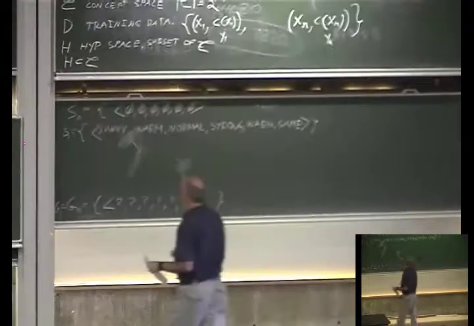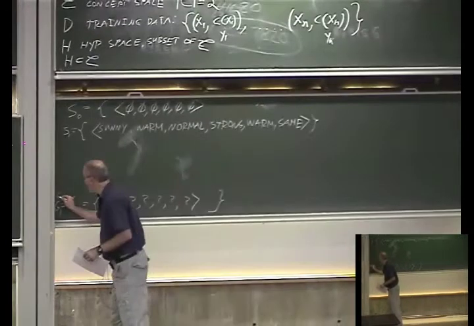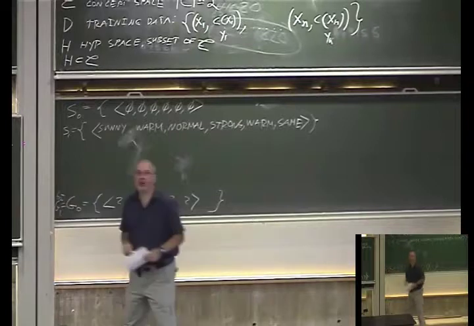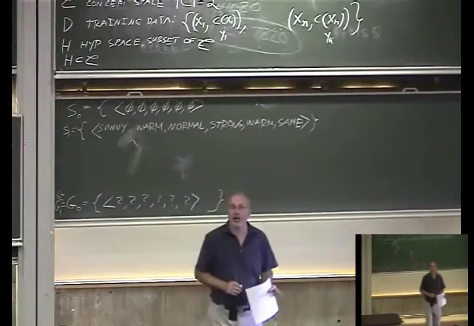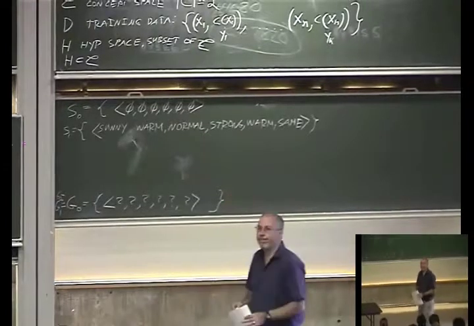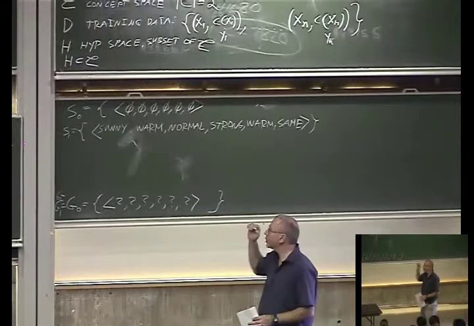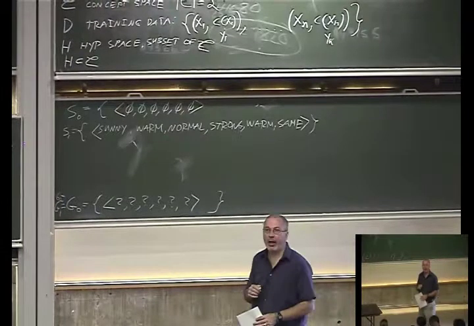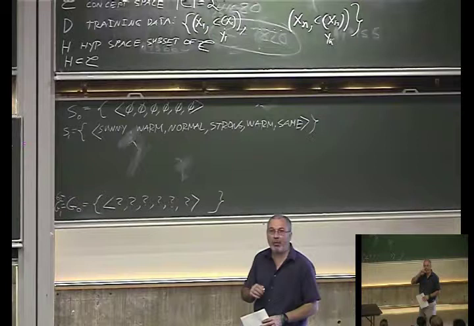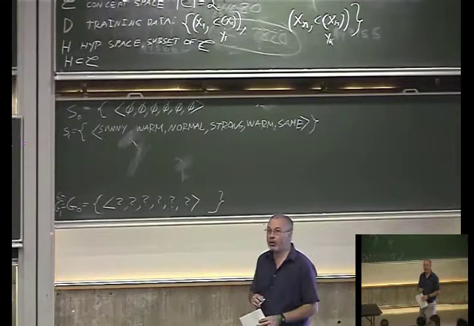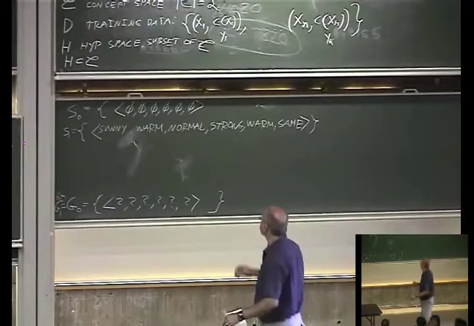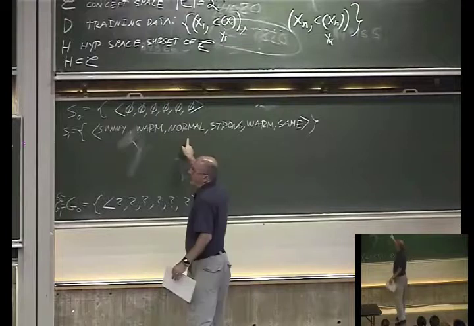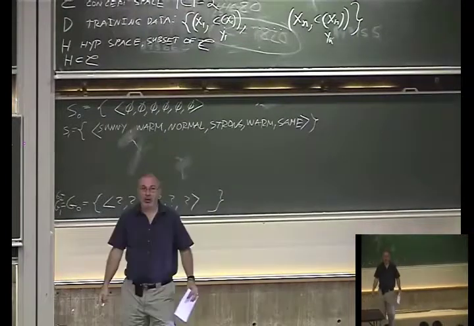So G sub 2 equals G sub 1 equals G sub 0. No changes there so far. Now we go to S, the latest S we have, and we identify members that are inconsistent with this training example. There's only a single member. Is it consistent with the second training example?